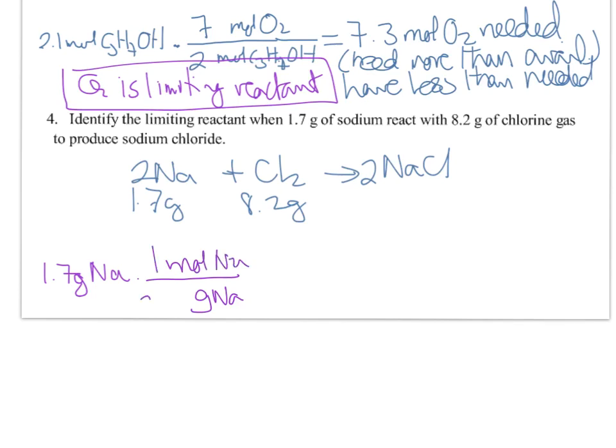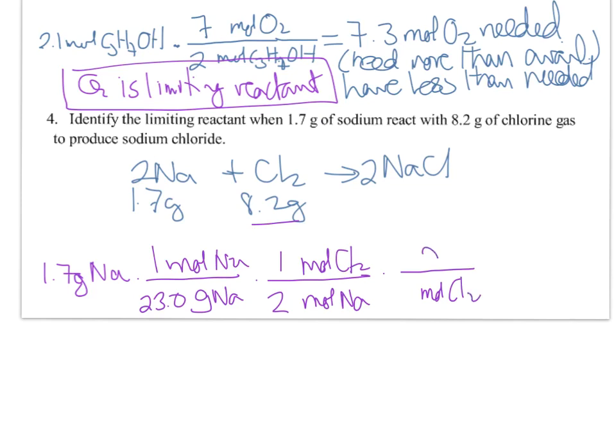1 mole is 23.0 grams. Then I'm going to go from moles of sodium to moles of the substance I want, which is chlorine. And it's a 1 to 2 ratio for my coefficients. Then finally, because this number is in grams, I'm going to go from moles of chlorine to grams of chlorine.